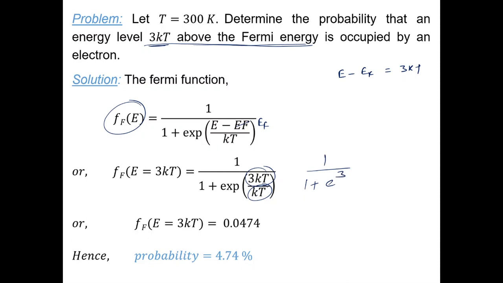So we solve this. The probability for this energy, which is 3 kT above the Fermi level, the Fermi function comes out to be 0.0474, and therefore the percentage will be 4.74%. 4.74% of the states are occupied at an energy level which is 3 kT above the Fermi level.